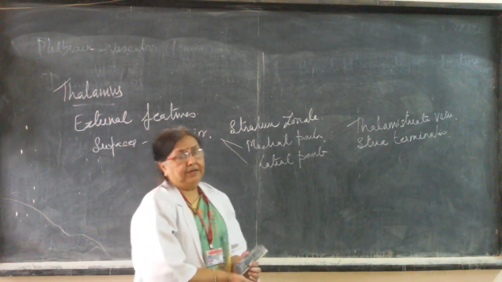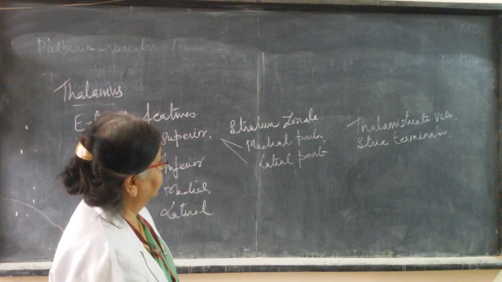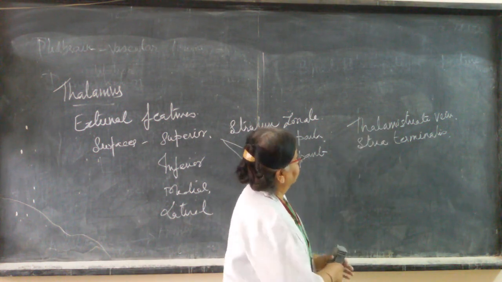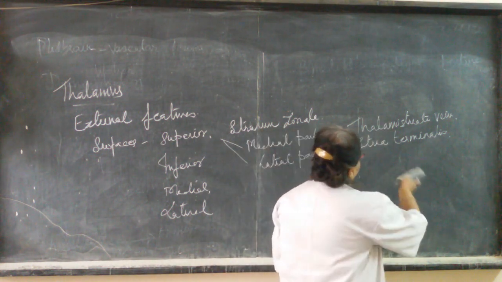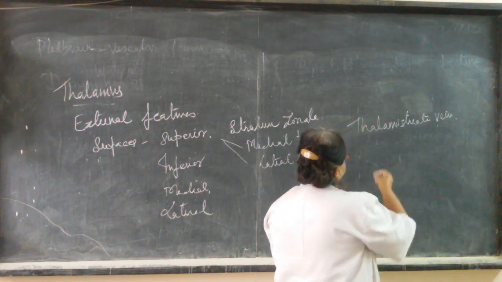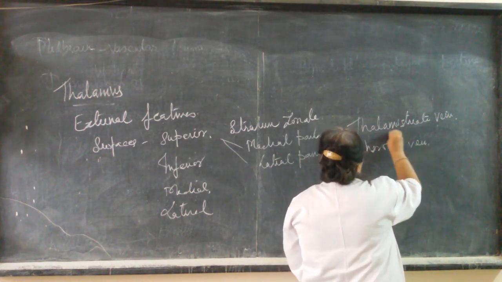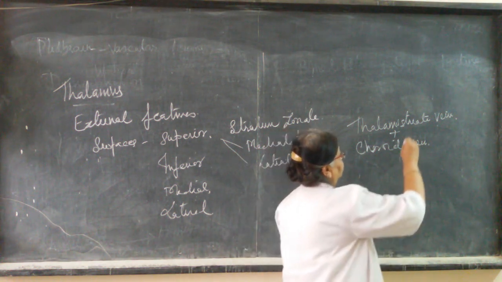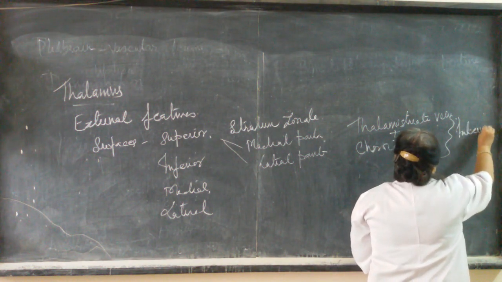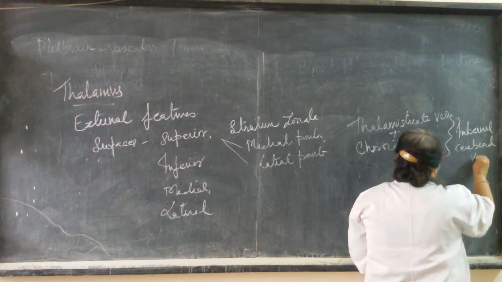The thalamostriate vein drains the thalamus and the caudate nucleus, and this joins with the choroid vein to form the internal cerebral vein.